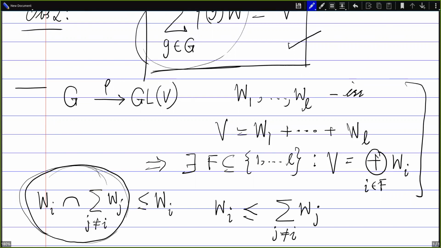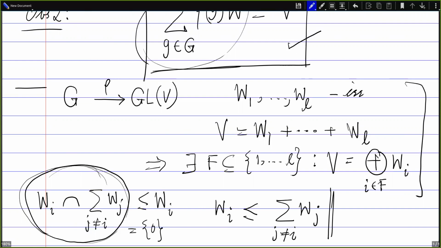Okay, keeping that in mind, we first start with W1. We'll take W1 and then take the sum of the others. If W1 is contained in that sum, we will throw out W1. Otherwise, if W1 is not contained there, then the intersection has to be trivial, so we then proceed.